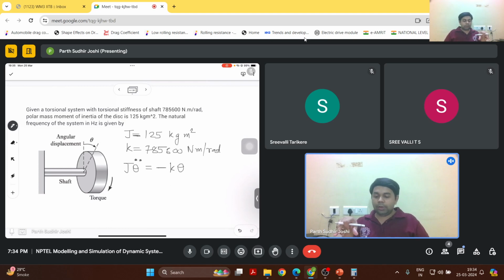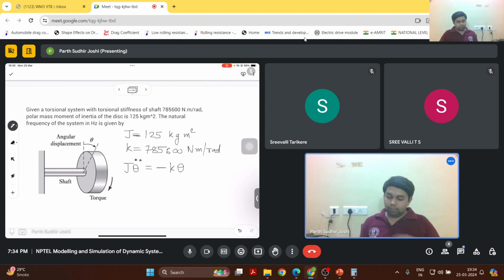So if we displace it clockwise, then the torque acting will be anti-clockwise. That's why it's minus K theta. So then we get this kind of a second order ordinary differential equation. We can rearrange it to write it in this form.